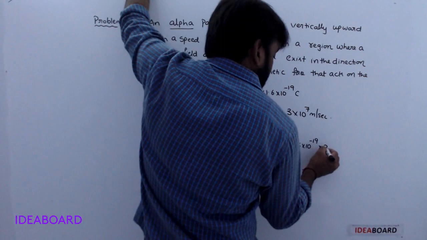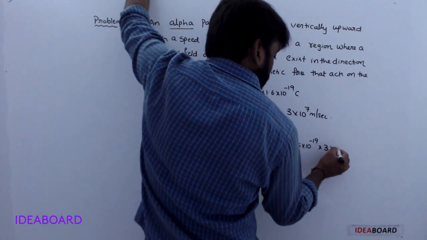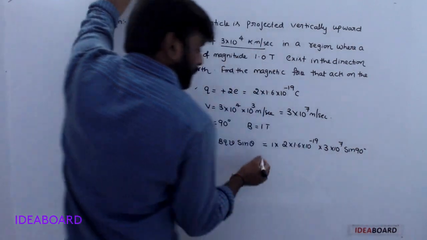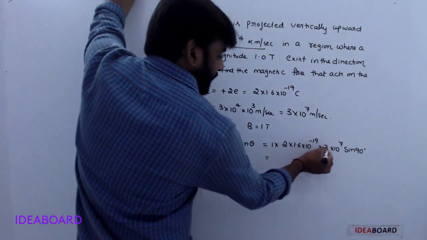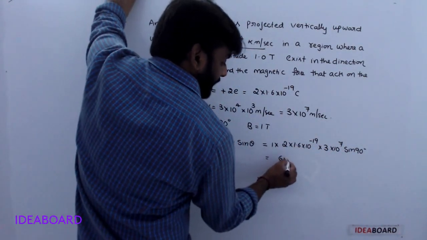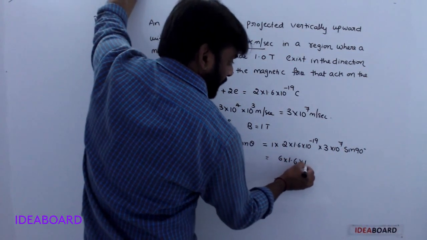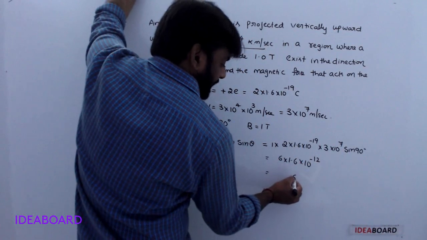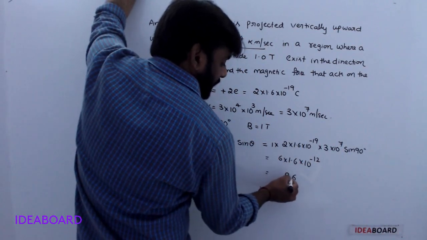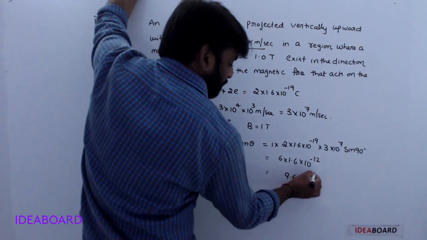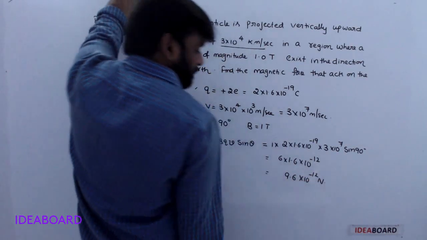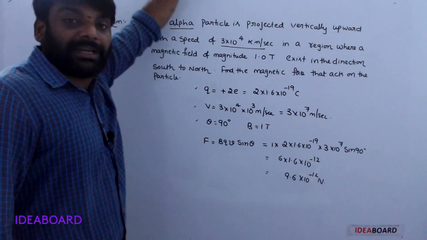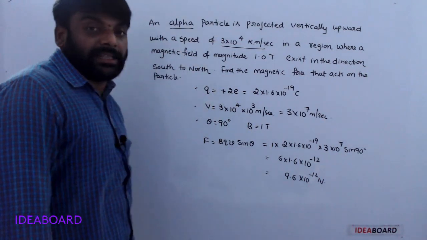Velocity 3 into 10 to the power of 7, sine 90 degrees. 2 3s are 6, so 6 into 1.6 into 10 to the power of minus 12. 6 6s are 36, so 9.6 into 10 to the power of minus 12 newtons. That is the force acting on the particle.